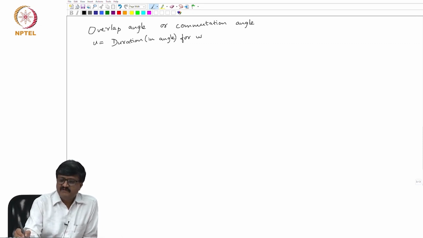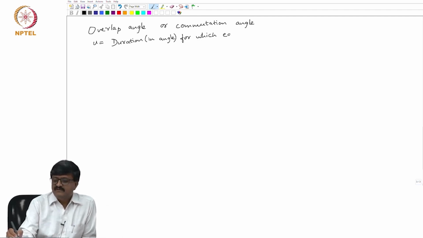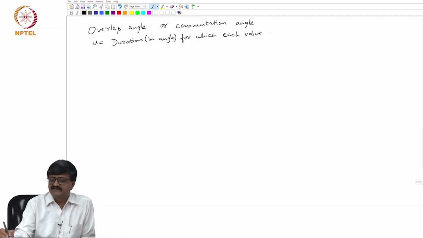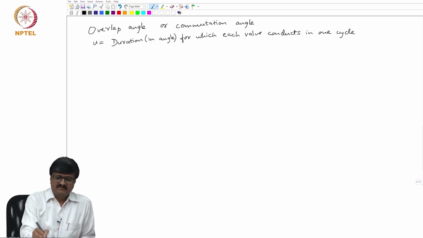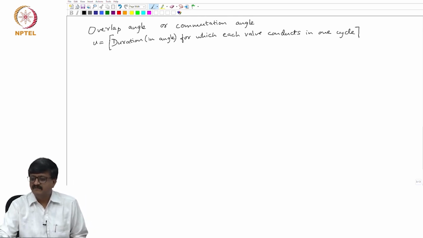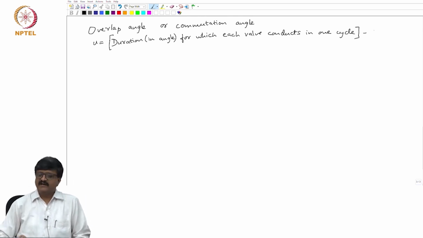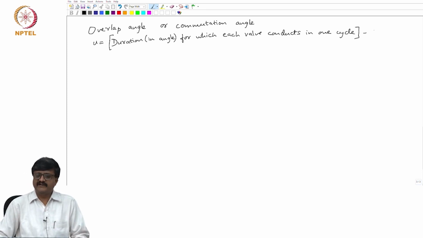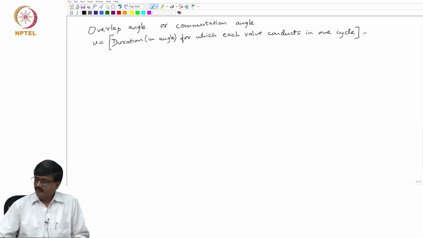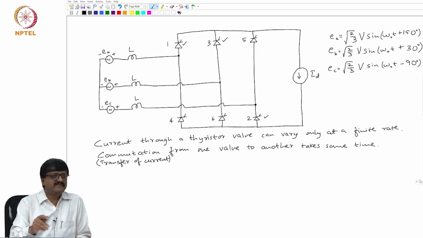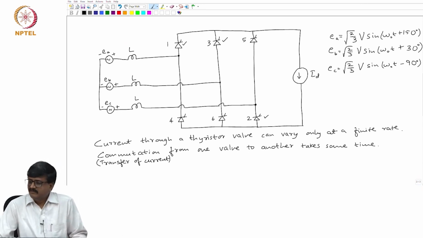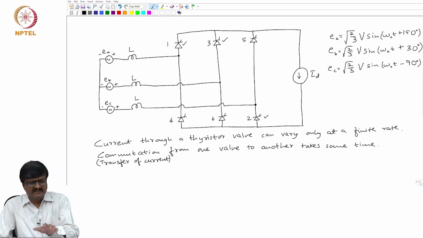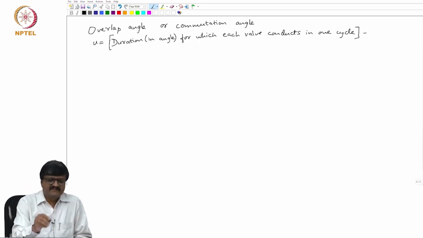Duration for which each valve conducts in one cycle, say our cycle is the cycle of the AC side, minus something, gives me the overlap angle. Suppose L is 0, there is no overlap. Overlap means there is no duration for which two valves conduct. So, U or overlap angle or commutation angle is 0 if L is 0. If L is non-zero, there is a non-zero U.